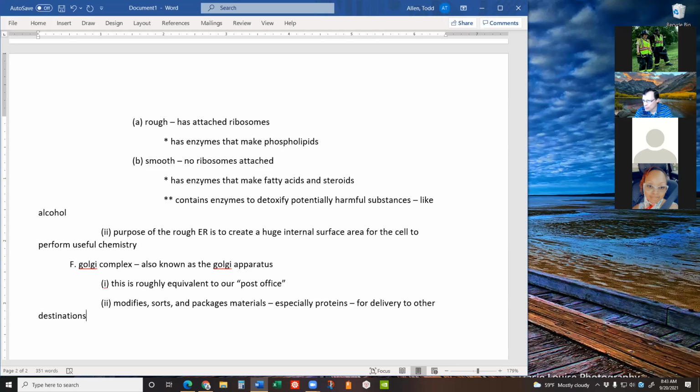And even other proteins should actually be transported out of the cell. We should have it leave the cell and float through the bloodstream to another destination. So the Golgi complex kind of addresses the cargo in a way that the machinery of the cell knows where to deliver the cargo. Okay.